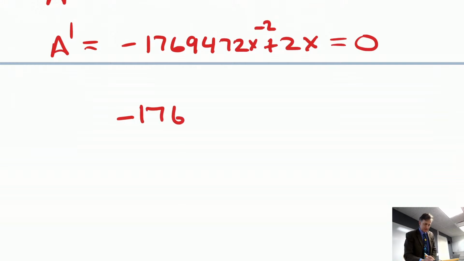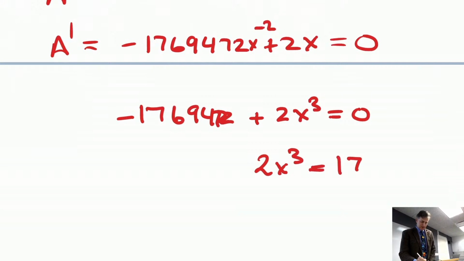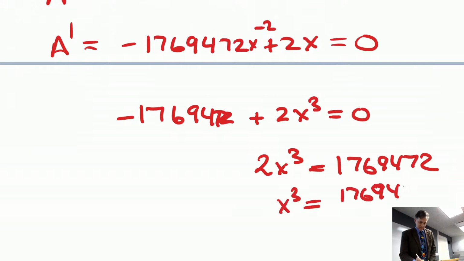I'll get negative 1,769,472 plus 2x cubed is equal to 0. So 2x cubed is equal to 1,769,472, and x cubed is equal to that divided by 2.